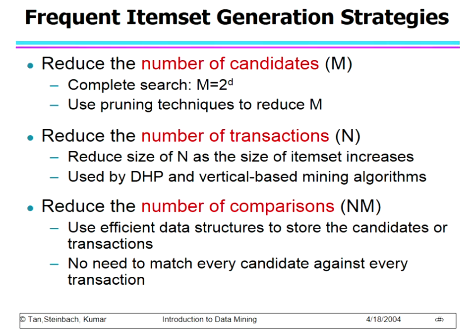Very good. So to reduce the number of candidates, we use pruning techniques. The a priori principle is one of the possible pruning techniques that can be used to reduce the number of candidates. We can also reduce the number of transactions, and we can also reduce the number of comparisons.